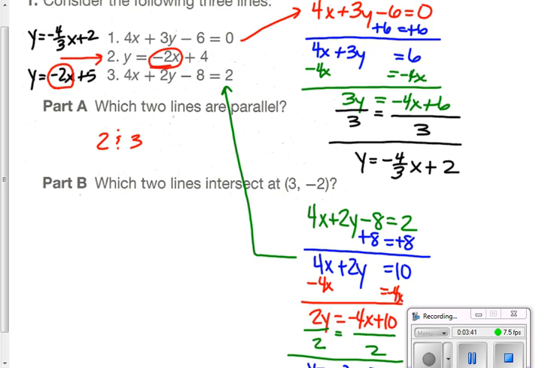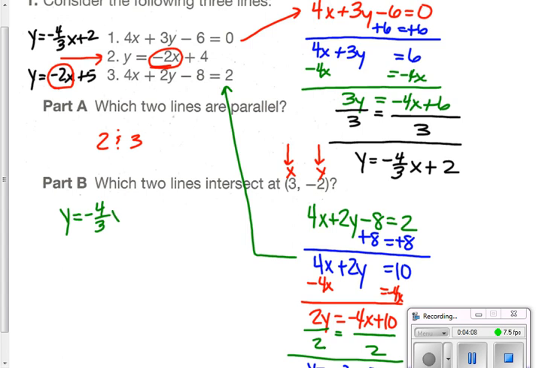Part B says which two lines intersect at (3, -2). The way to do this is, this is an x value, this is a y value. Put in 3 for x into one of the equations and you should get out -2 for y. I'll first substitute into that first equation: y equals -4/3 x plus 2.